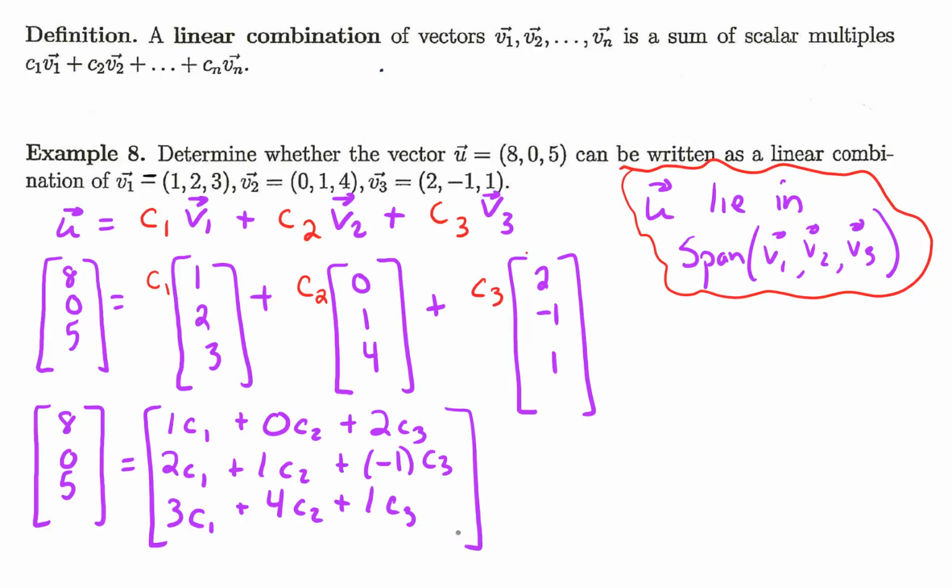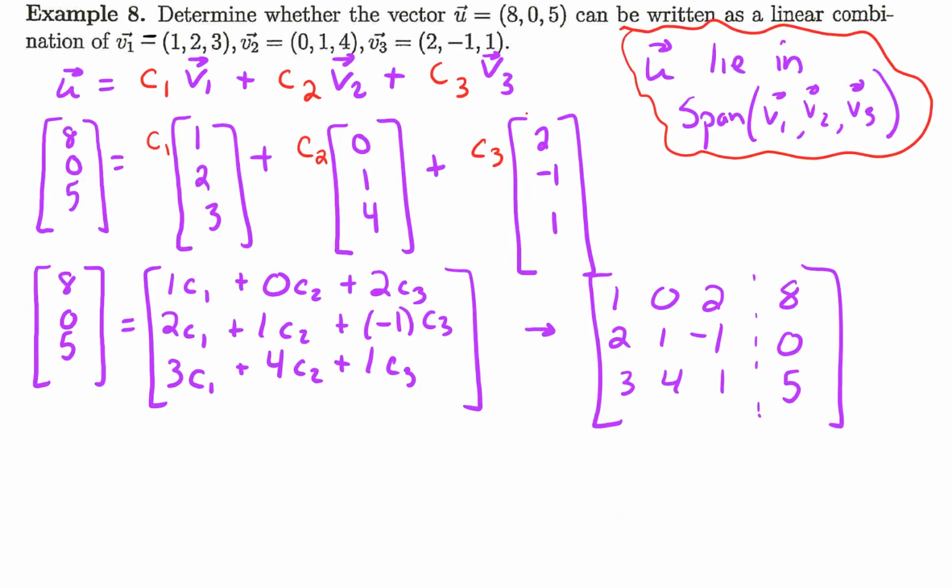That leads us to consider an augmented matrix 1, 0, 2, 2, 1, negative 1, 3, 4, 1, with these constants 8, 0, 5.